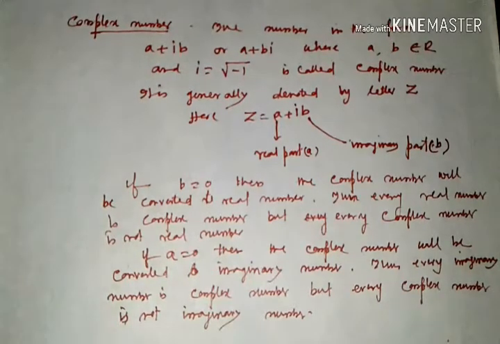If the real part is 0, then it will be imaginary, and if the imaginary part is 0, then it is a real number. So this is about complex numbers.